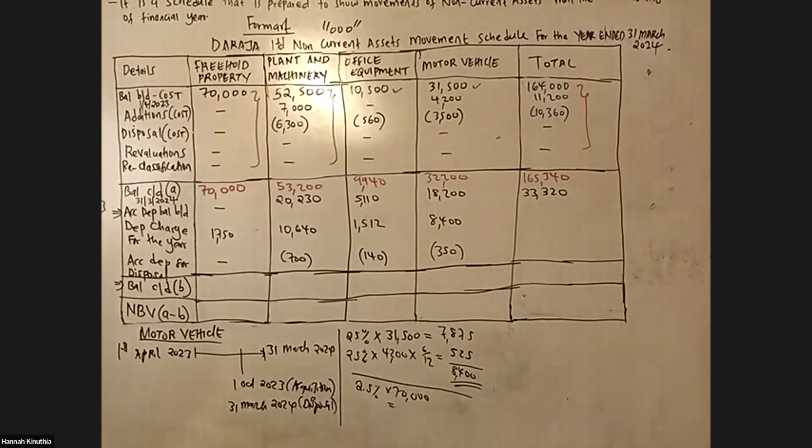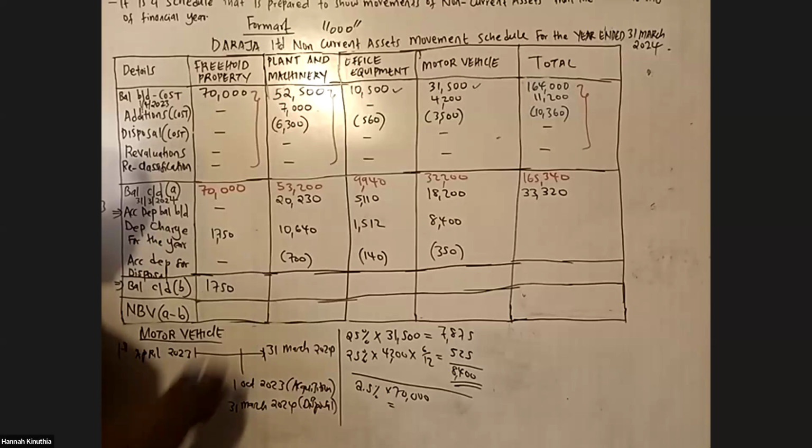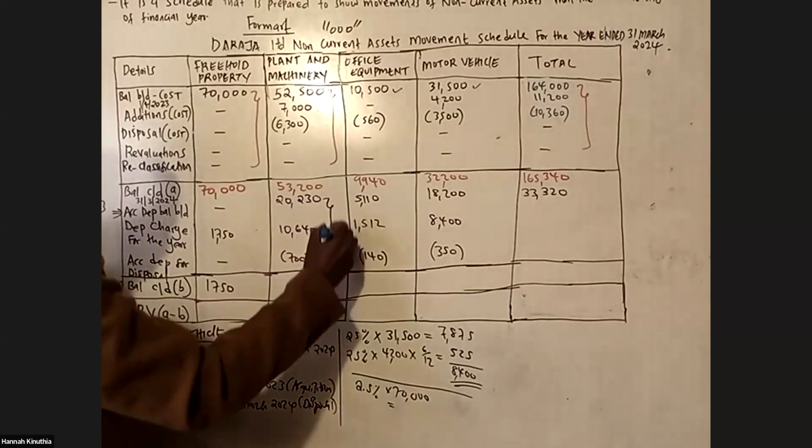So I think that up to that point, is the board clear on your side? Yes. Sawa. So we can now find the balance carried down. This one will be equal to 1750. So you have these ones.